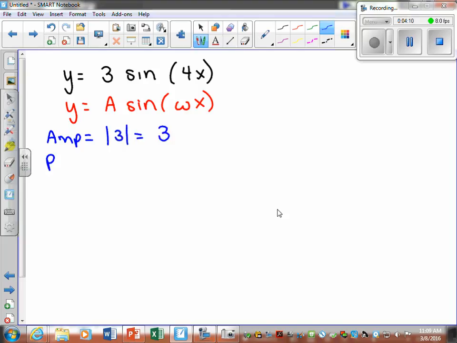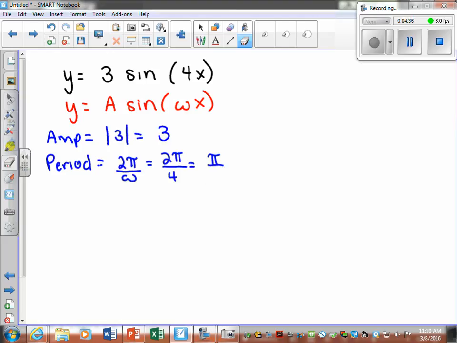Okay, our period, sometimes known as capital T, but by definition is 2 pi over omega. 2 pi, what is omega in our particular example? 4. Good, so 2 pi over 4. If we simplify this, we would just get pi over 2.